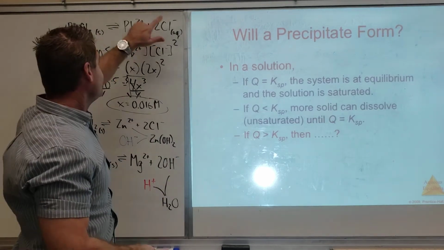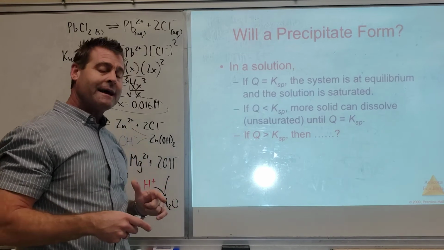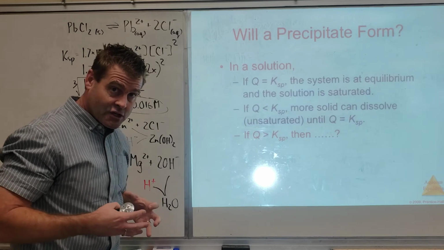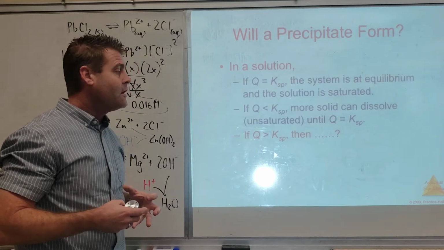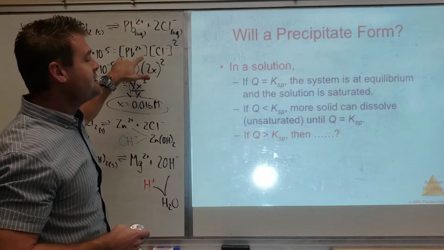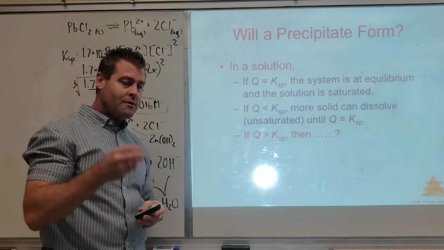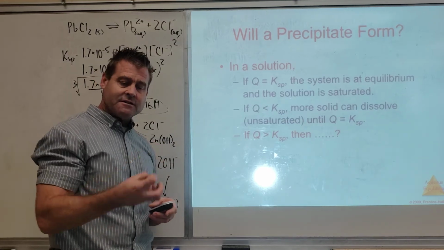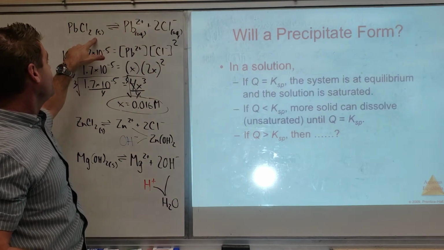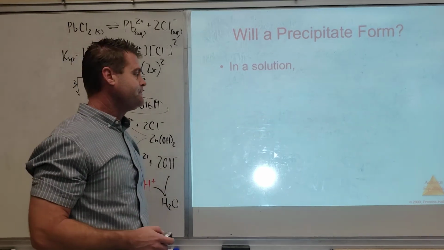What that tells you is these concentrations are greater than would be expected under a condition of saturation, greater than what would be expected at that particular temperature. So when you add all that salt, some of it's going to come out. Basically, you're going to have a shift to the left, and some of it's going to reassociate and come out as an insoluble salt.